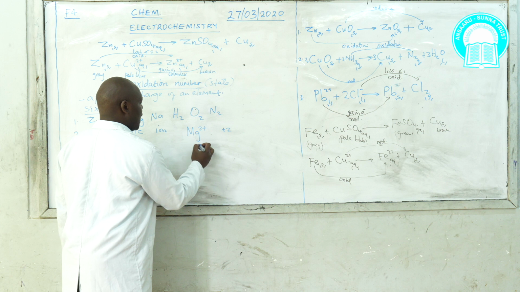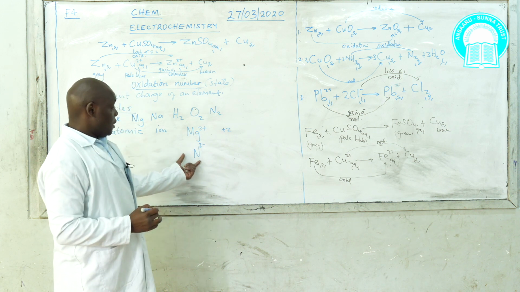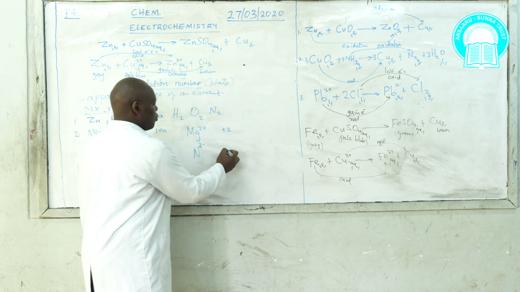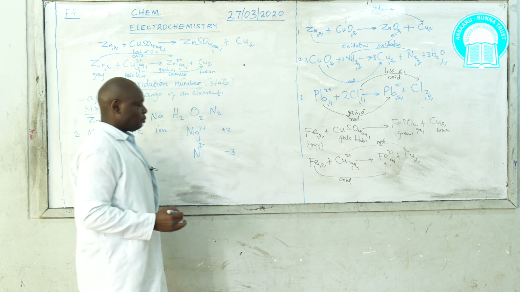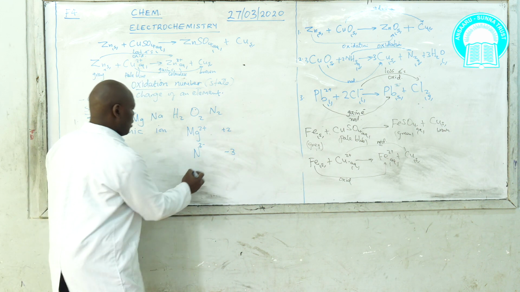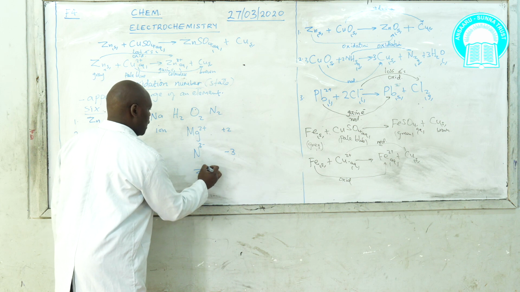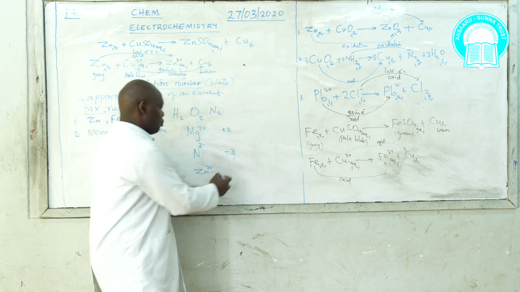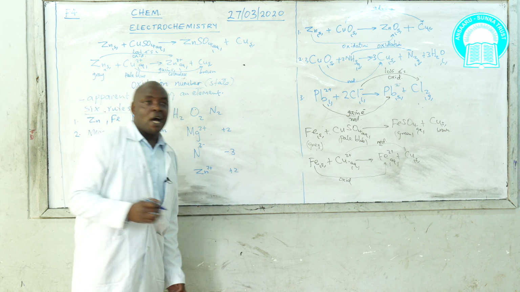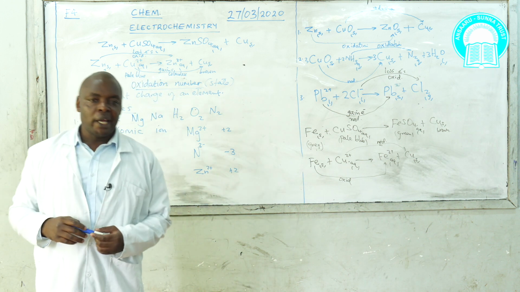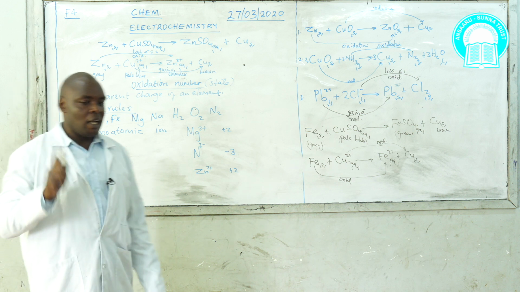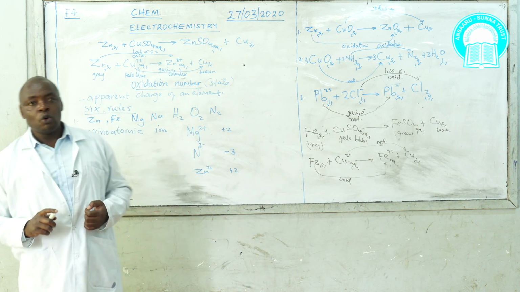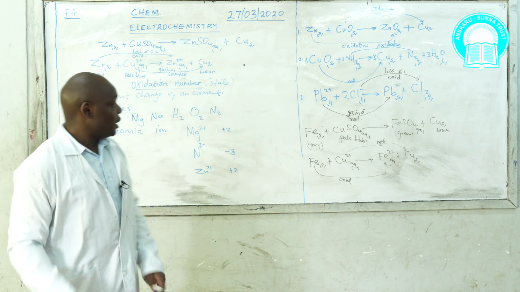If I have a nitride ion, the oxidation number of nitrogen is negative 3. For a zinc ion, the oxidation number of zinc is positive 2. So if we have an ion of one element, the charge on that ion is equal to the oxidation number of that element.